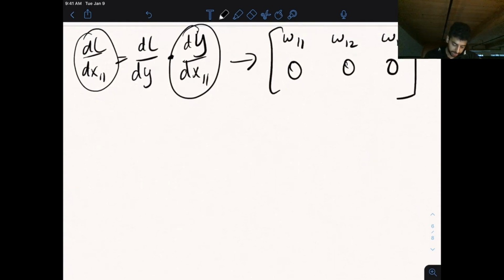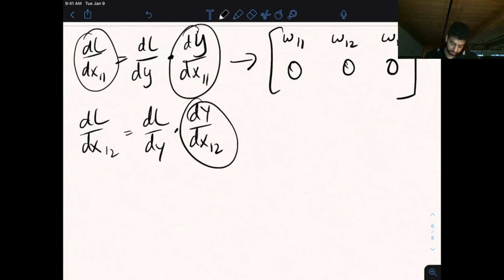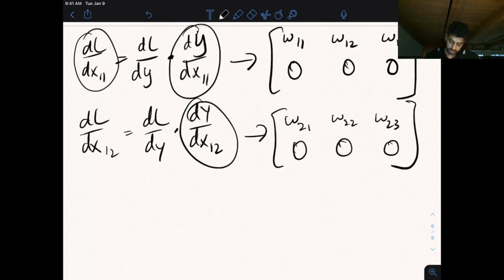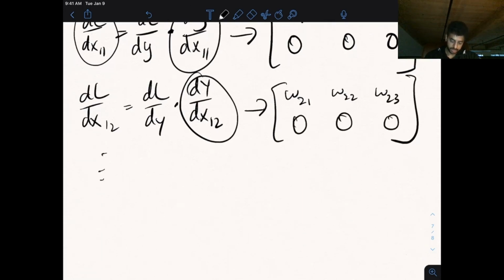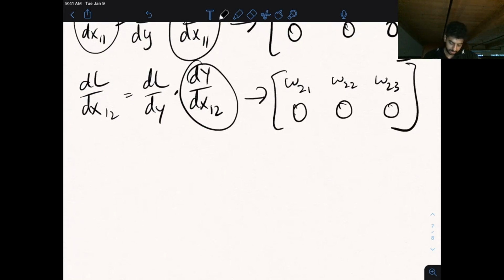Okay, so if we do the same exercise for, say, x12, we can expand out this x12 term here, and it looks like this. These are all zeros. Similarly, let's look at one of them on the bottom row, so x21.